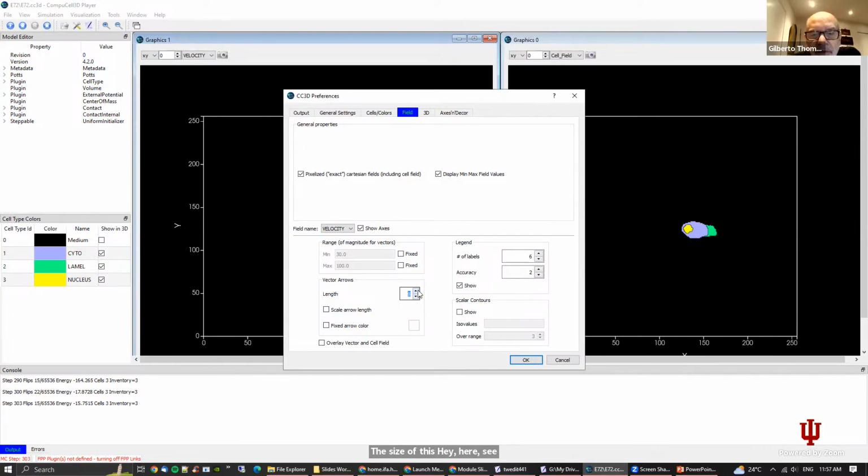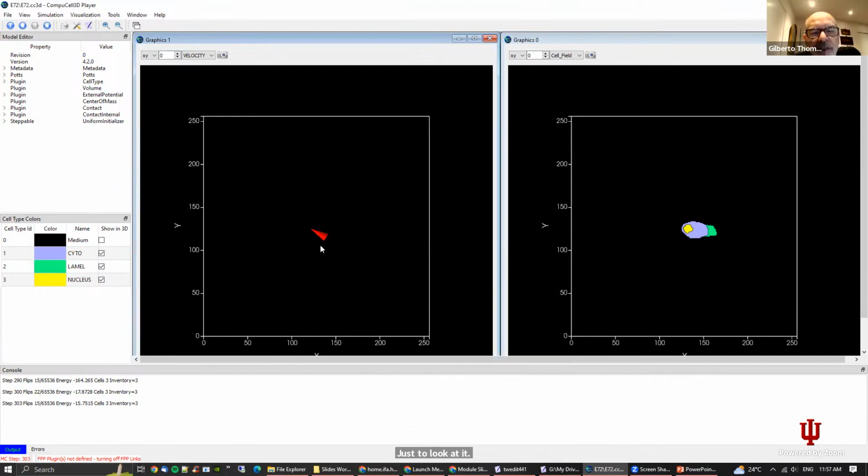Let's try 10 just to look at it. See, it increased the size. Also, the color is associated with the magnitude of this vector, and the orientation, the point of the arrow, is the direction where the cell is moving.